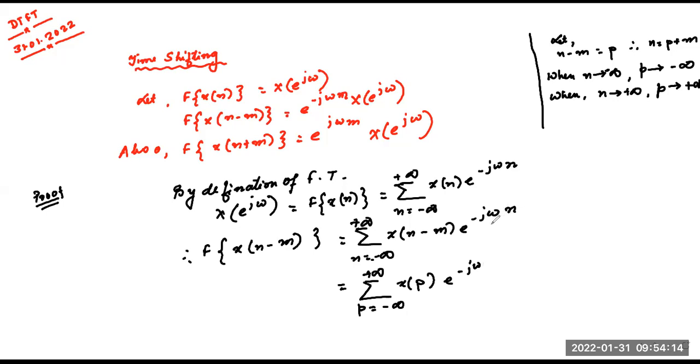So that can be written as the summation of p equals minus infinity to plus infinity x of p e to the power minus j omega m into e to the power minus j omega p.